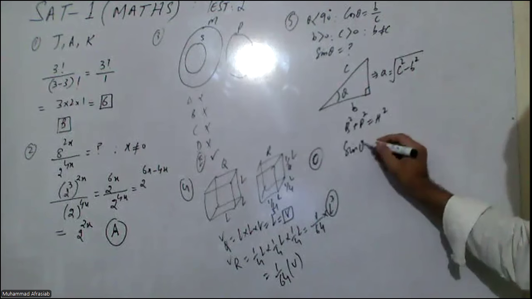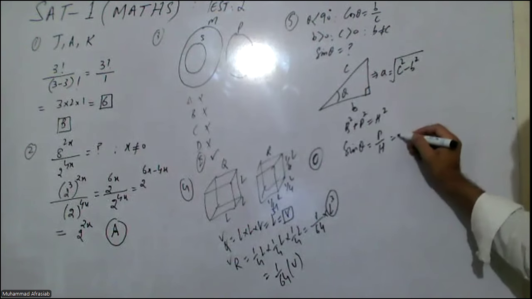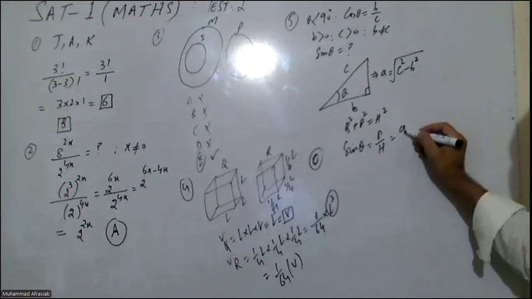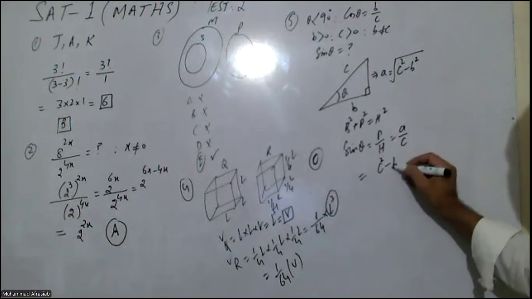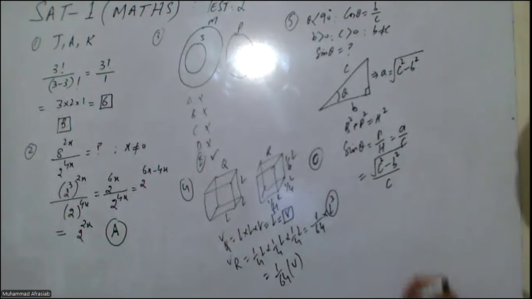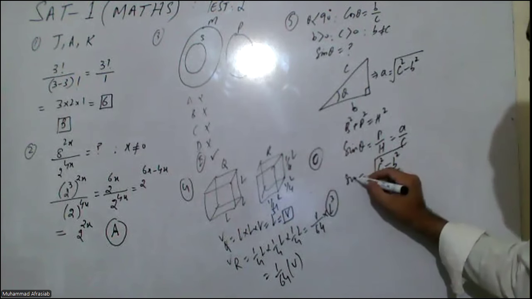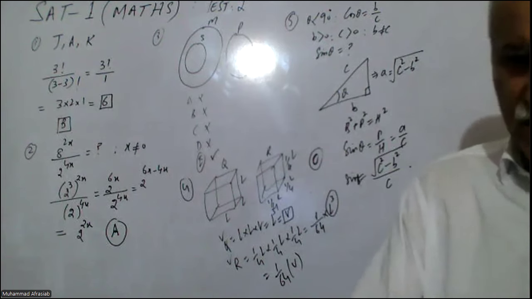Then sine of theta will be equal to perpendicular over hypotenuse. Perpendicular is a, hypotenuse is c. So the value is equal to the square root of c square minus b square, over c. So this is the value of sine of theta. And we will now look at the answers.